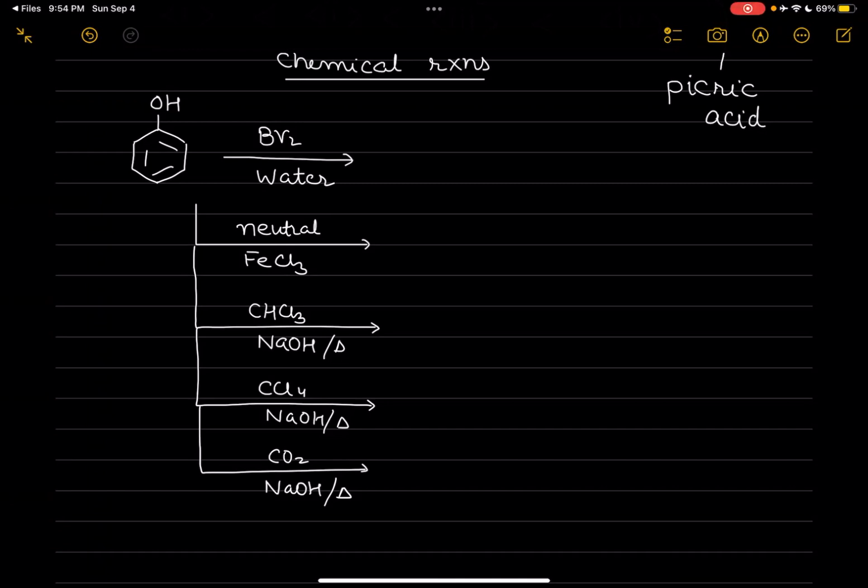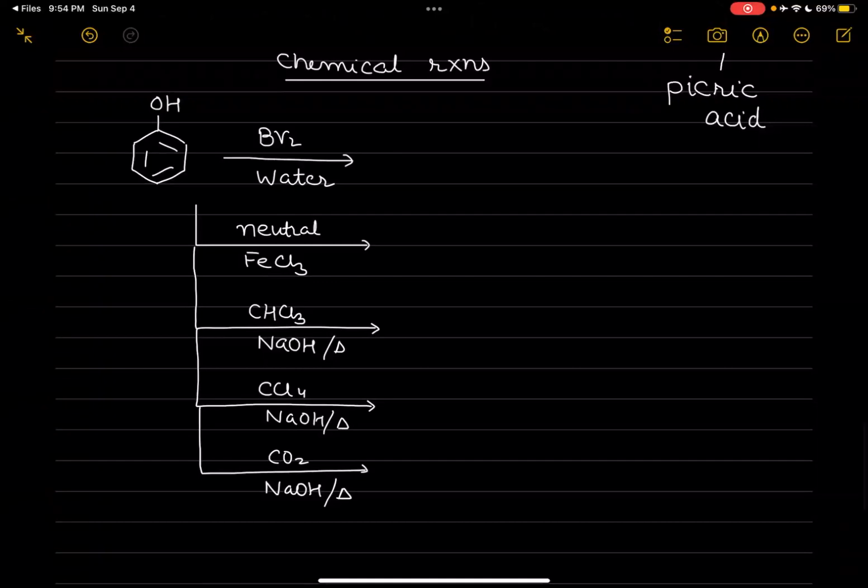So what will happen if you react with bromine water? Yeah, Br will attach. Good. Where? Not to the OH. Actually, this OH is in resonance. Yeah, near to OH.